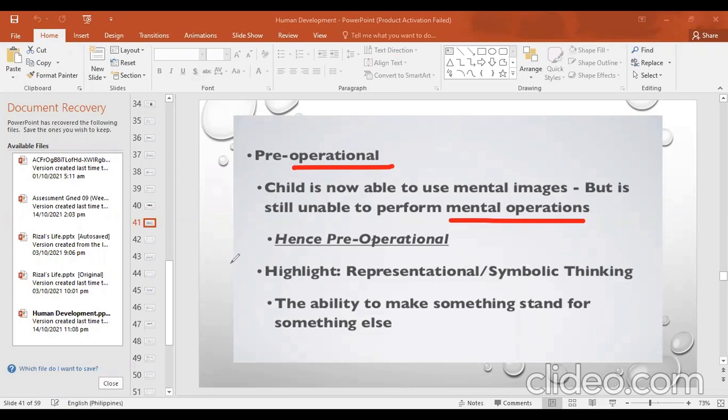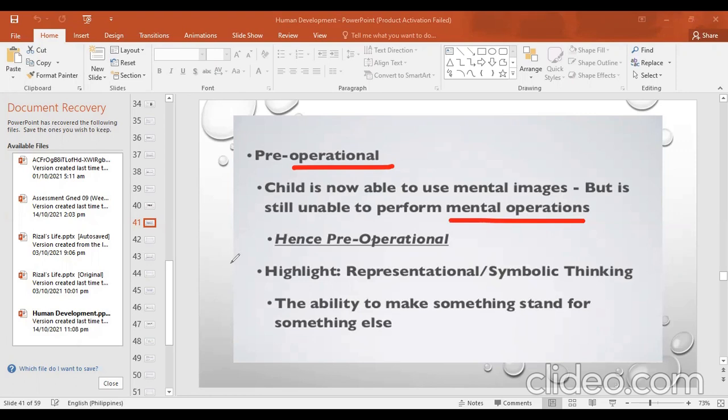andito yung bata na 2 to 7 years old, imagine nyo, no? Even though nagkakaroon na siya ng ideas when it comes to things, like yung shapes, ano ba yung itsura nito, ano ba yung symbols nito, pero hindi pa yan totally nag-stuck sa kanya. Like ano ba talaga to?